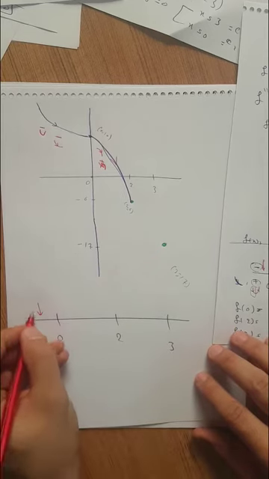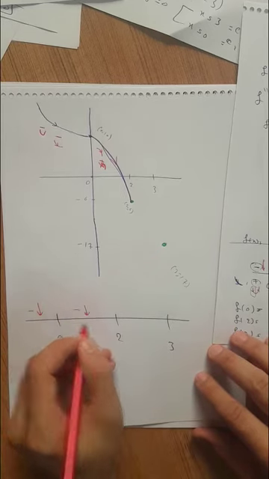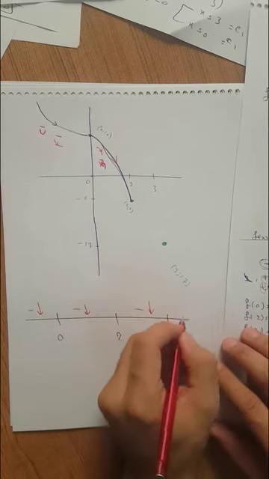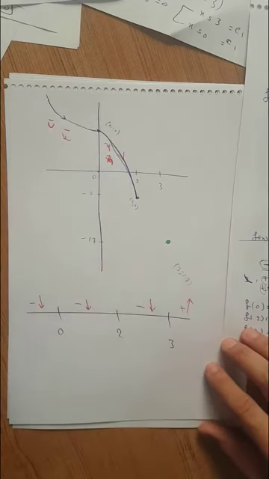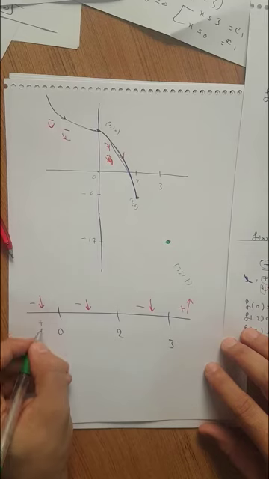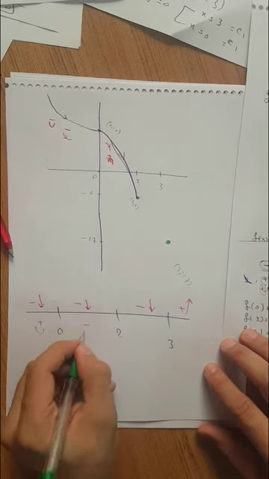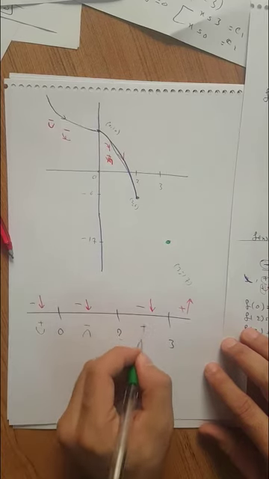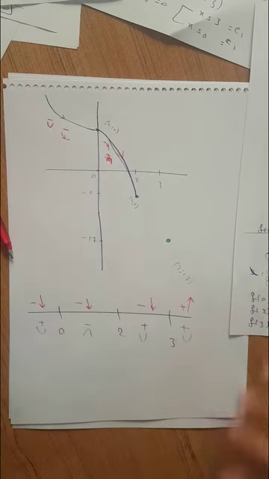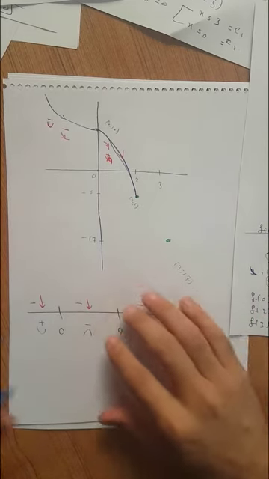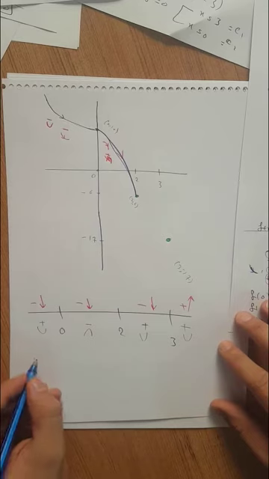I have decrease, decrease, decrease, increase. Okay. Here we have up, down, up, up. So together I have decrease and up.